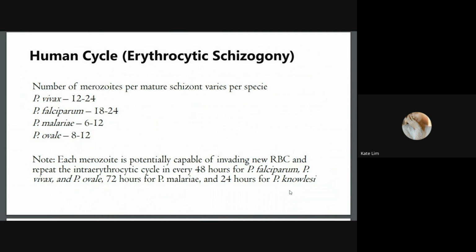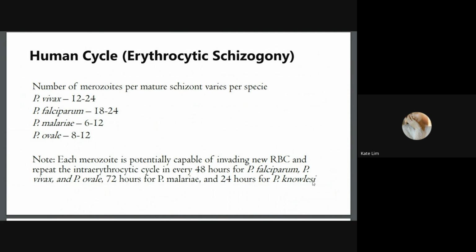So, in short, your Falciparum, Vivax, and Ovale have the same malarial periodicity, if you remember that one. Tertian malaria. For Plasmodium malariae, the cycle repeats every 72 hours, meaning it's quartan malaria. For Knowlesi, it repeats every 24 hours, so therefore it is quotidian malaria.